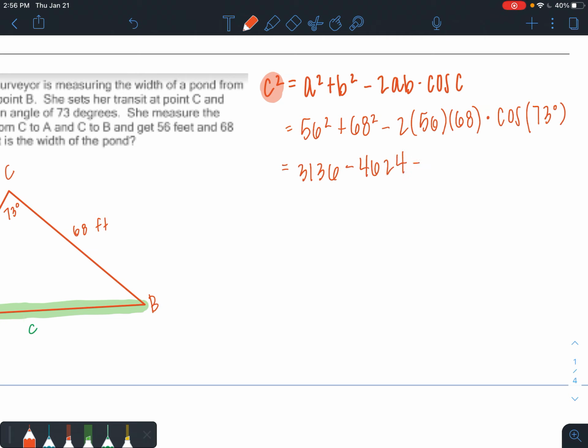Then 2 times 56 times 68. So I am following PEMDAS, so I did my exponents first. Now I'm doing multiplication, and I'm going to leave this exact, so we're leaving that till the end. And this is c squared. So then we have minus 7616 cosine of 73.